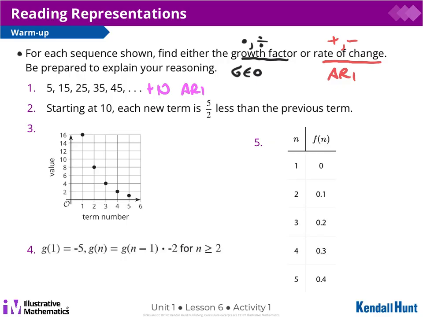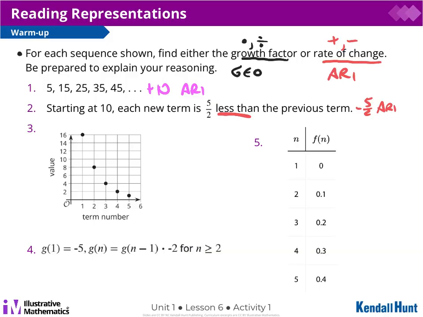The next one, 5 less than means minus 5 halves. We've seen this wording several times. Less than means the negative goes in front of the 5 halves. And this is arithmetic. Now the next one is curved down. It could be geometric, but let's check the outputs.